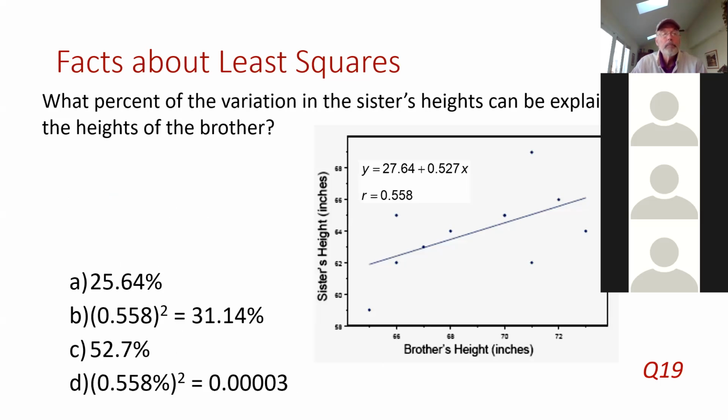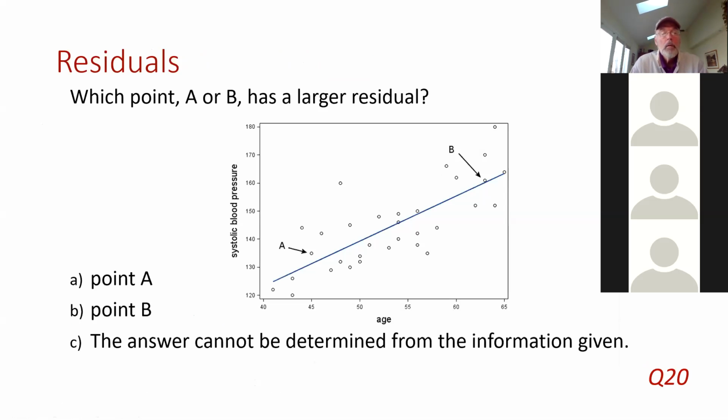This is kind of a similar question. What percent of the variation in the sister's height can be explained by the heights of the brother? I got B. Okay, so here's the correlation coefficient, right? We want to square that value and then express it as a percent. So that is B. All right.